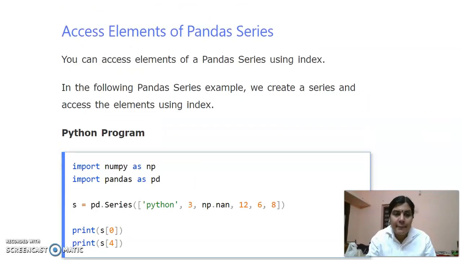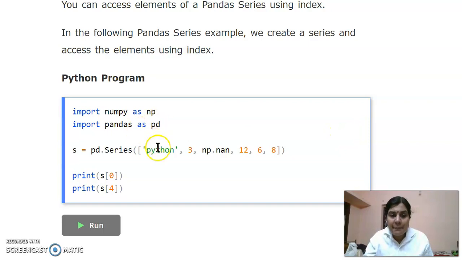Next, we can check a program to access elements of a Pandas series. How can we access the elements? By using the index, we can access the elements of a series. So here there is a series, and we created it with Python, 3, np.nan.